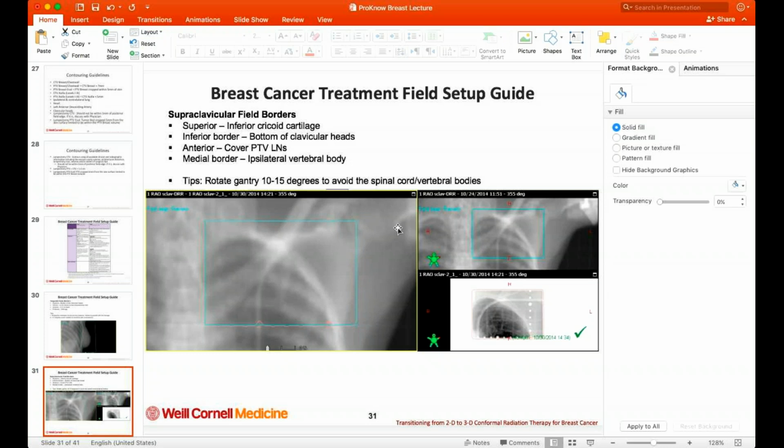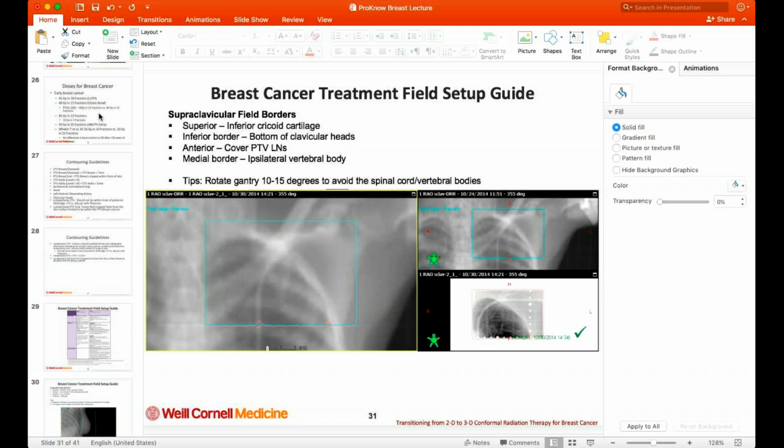Medially, you go up to the ipsilateral vertebral body. And one thing is that you want to rotate the gantry for the supraclavicular field. You want to rotate that 10 to 15 degrees away from the spine so that you are not treating the spinal cord with full dose, especially if you're hypofractionating. So I think we said some of the regimens are giving 45 gray in 22 fractions.